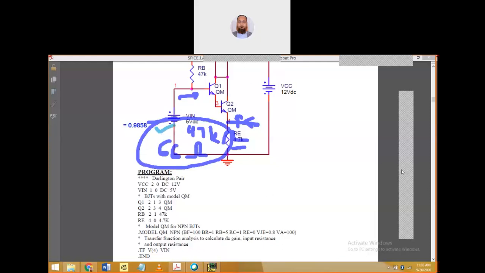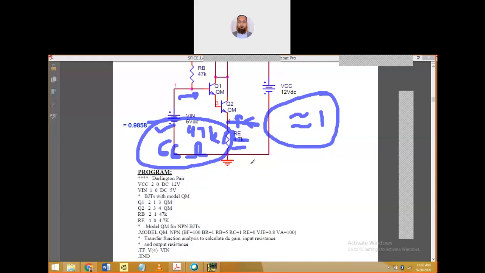But the problem is that the gain is nearly 1. So amplification is not an advantage in this case because the gain is not greater than 1. It's rather less than 1, but nearby 1, and the input resistance is high and the output resistance is low.